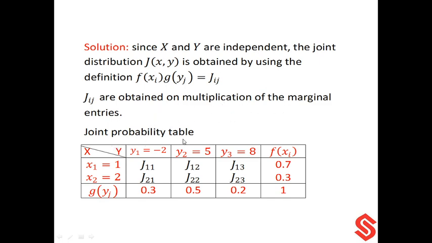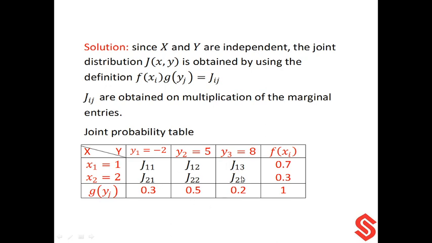So the joint probability table is like this. We have values of x, 1 and 2, values of y, minus 2, 5, 8. Then we have f of xi 0.7, 0.3, g of yj 0.3, 0.5, 0.2, and the sum is 1 here. Either sigma f of xi or sigma g of yj, it is 1.